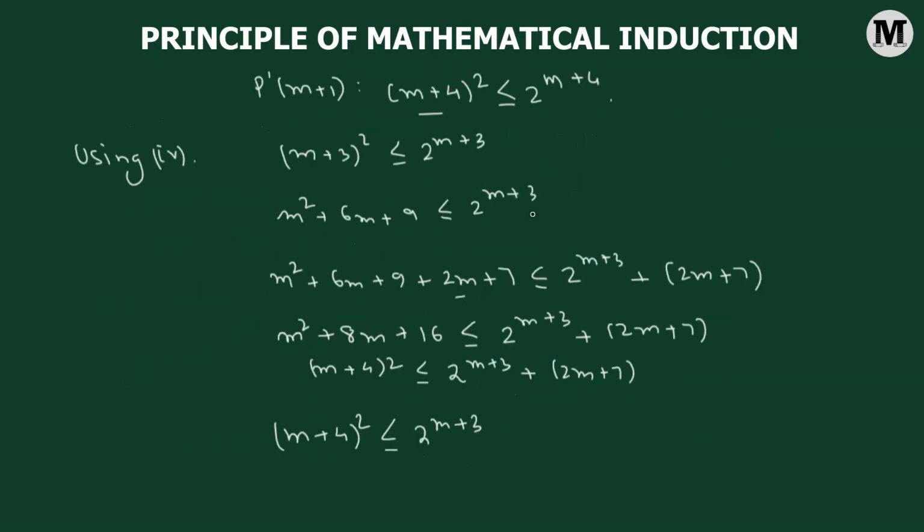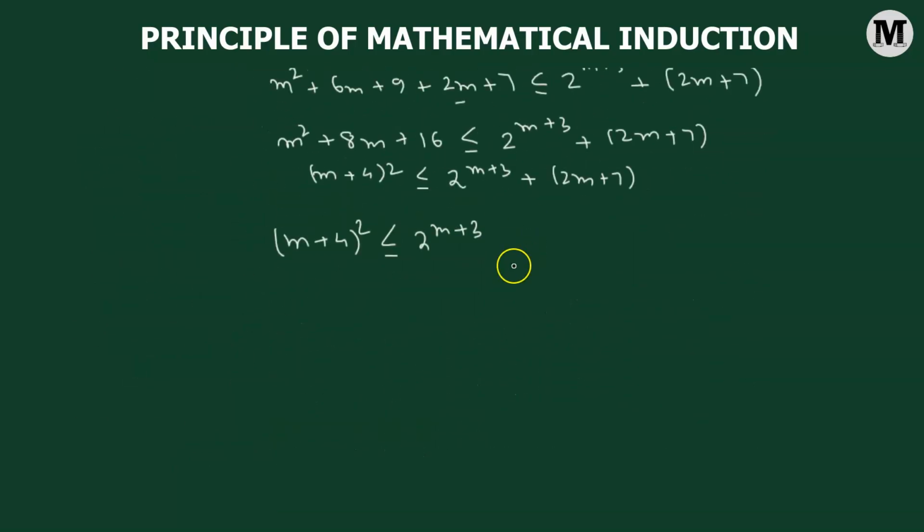So if this is less than (m plus 3) whole squared, here we can say that (m plus 4) whole squared is going to be less than 2 raised to the power of m plus 3 plus (m plus 3) whole squared. Fine. So here we have used statement number 2. So what was statement number 2? Statement number 2 stated that 2m plus 7 is less than (m plus 3) whole squared.